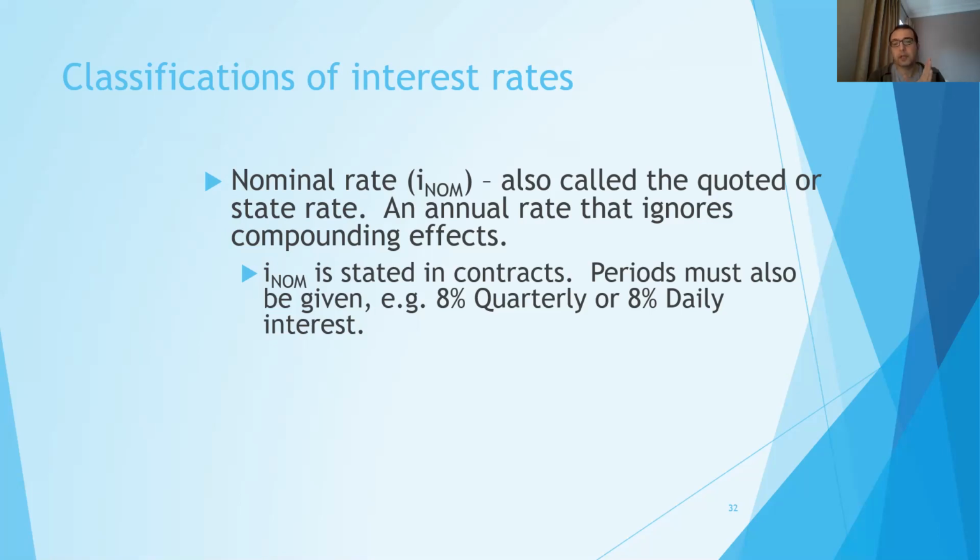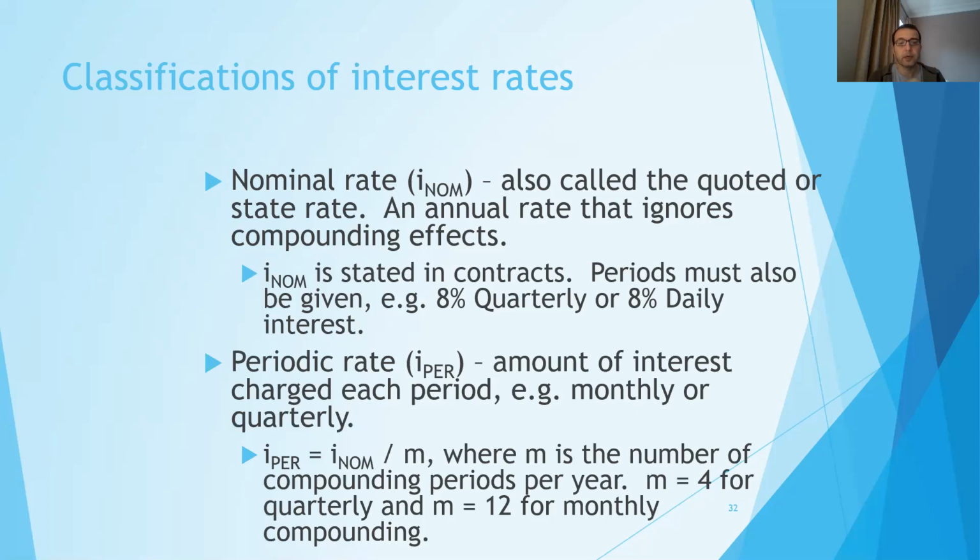Always the interest rates are quoted annually, right? Then of course, if it says periodically, then you know it. I mean, let's say 2% quarterly, if the periodic interest rate is 2% quarterly, it means that the per period interest rate is 2%, and the annual interest rate is 8%.